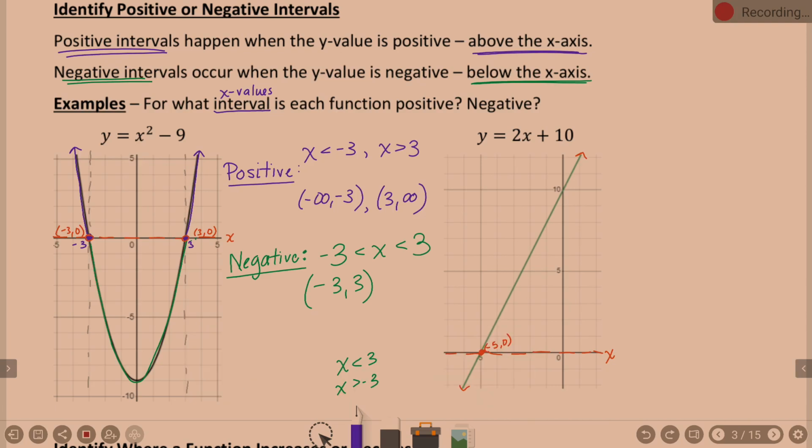Let's work with positive here. Okay. Physically looking at the graph, where's the graph positive? Any place it is above the x-axis, right? So where's this graph above the x-axis?